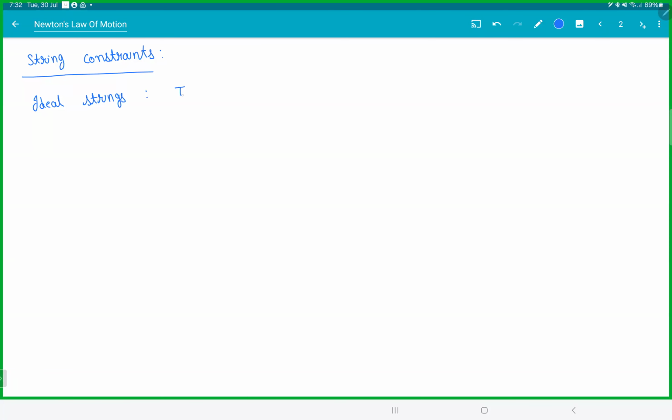So ideal strings are inextensible, meaning they don't stretch. Non-dissipative, meaning they do not waste any energy. And massless. So we'll assume all the strings that we take do not have any mass, even if they have negligible mass.